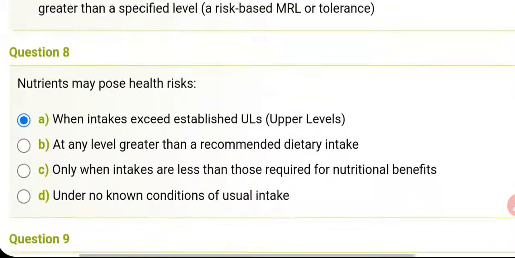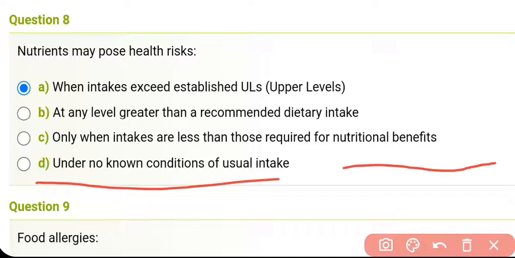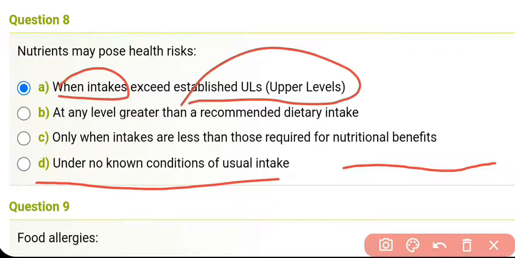Then next is nutrients may pose health risks. A nutrient or any food substance can pose a health risk when the intake exceeds established upper levels.